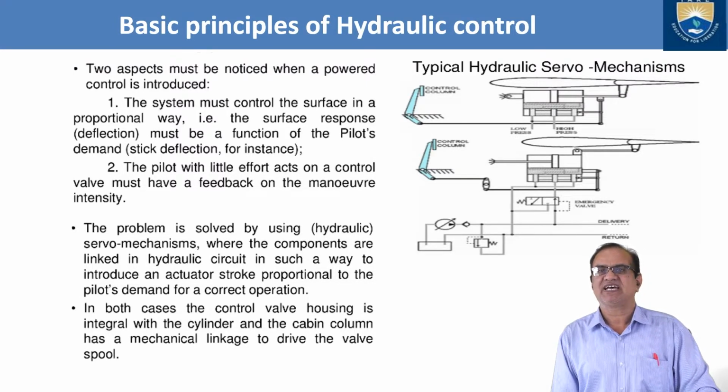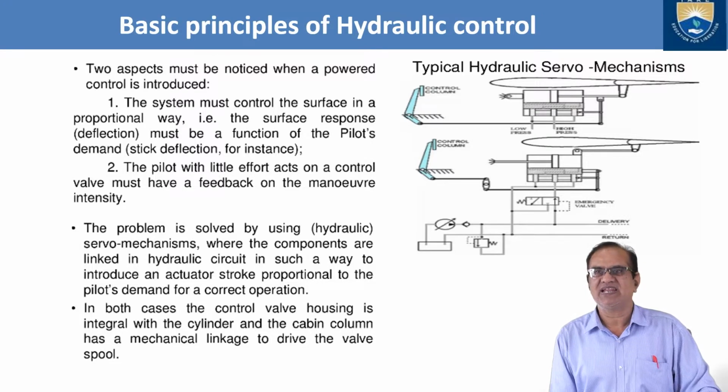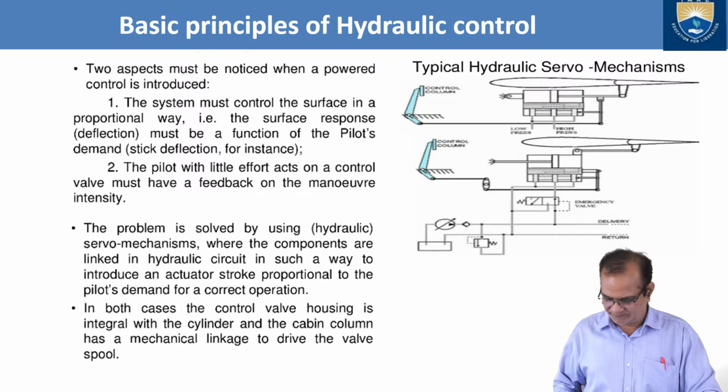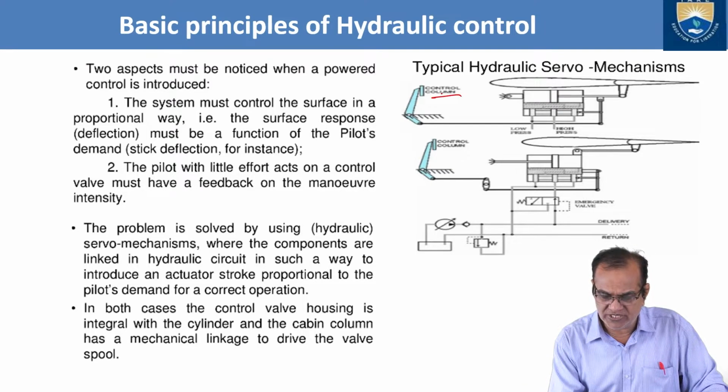In both cases, the control valve housing is integral with the cylinder and the cabin column has a mechanical linkage to drive the valve. This is shown here: if you move this control, this will move and this will also move accordingly.